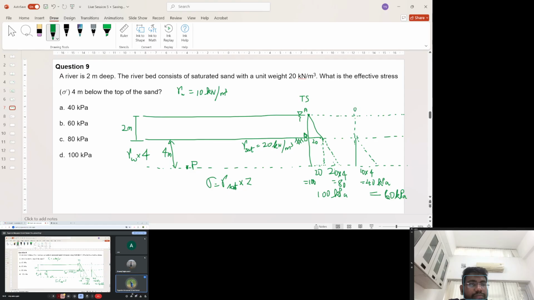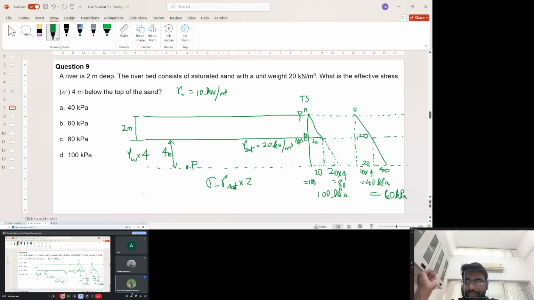So it will be 0, then 20, then 40 plus 20, which will be 60, right?